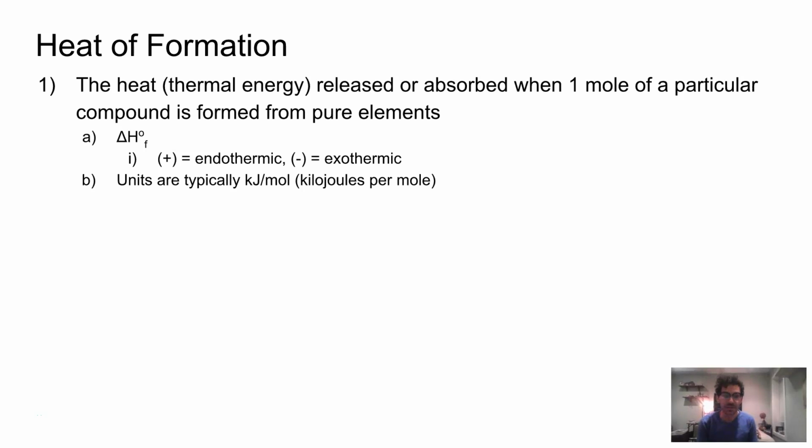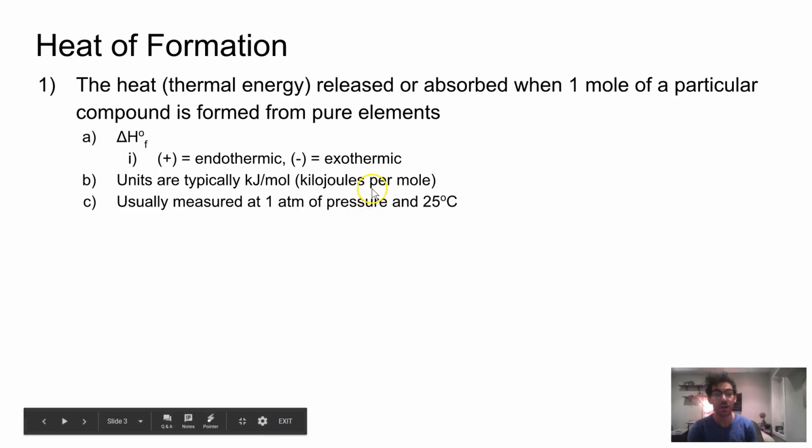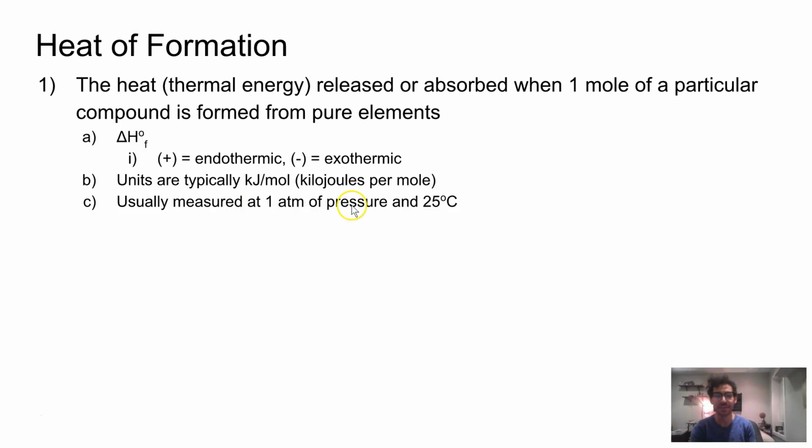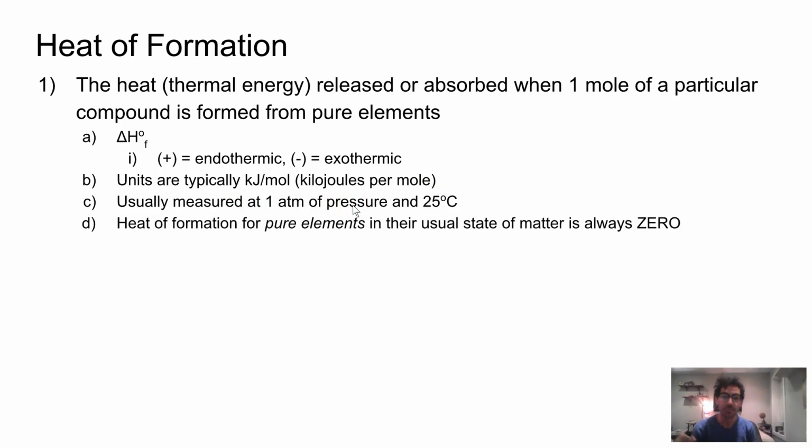The units on delta H are usually kilojoules per mole, generally speaking. Delta H's are usually measured at 1 atmosphere of pressure and 25 degrees Celsius, and these values only really apply when these conditions are met. The heat of formation for pure elements in their usual state of matter is always going to be 0.